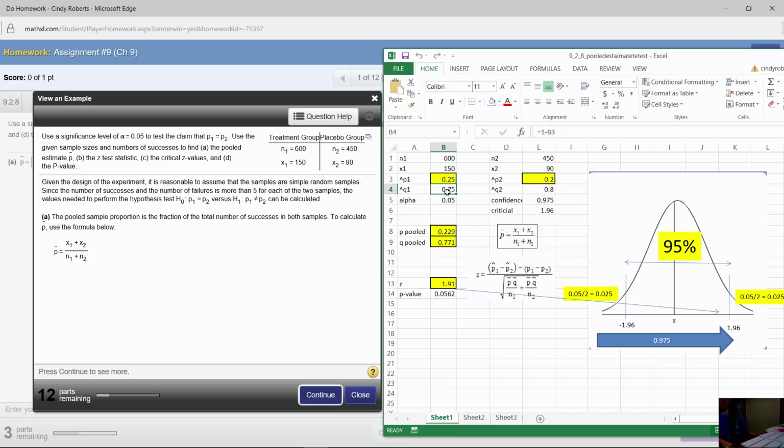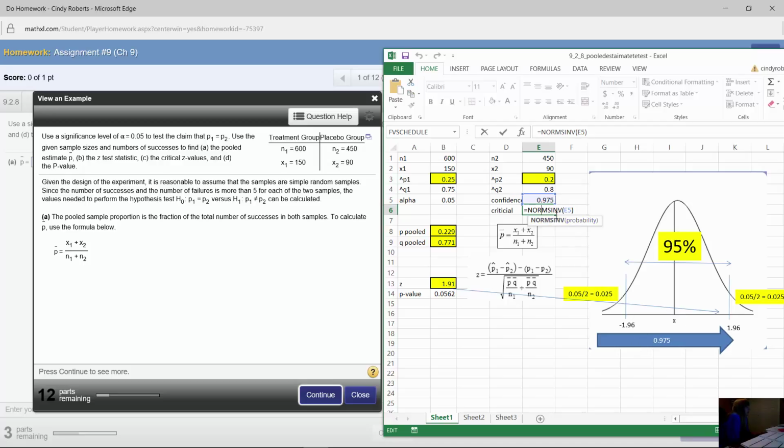So my Q is simply 1 minus my P. You can see that in here, 1 minus that value. Same thing here. And then my alpha, 0.05, and my critical value. Here, I either look this up in a table that gives me my two-sided, basically my confidence interval.